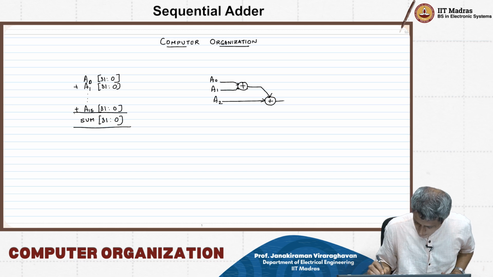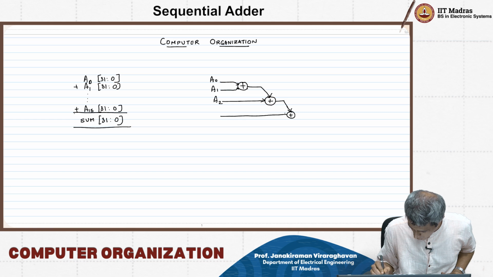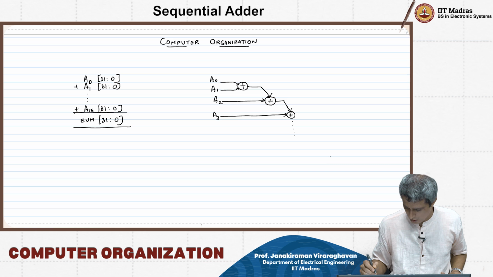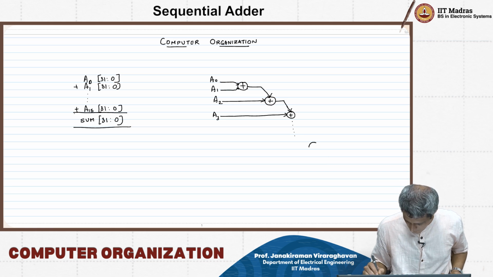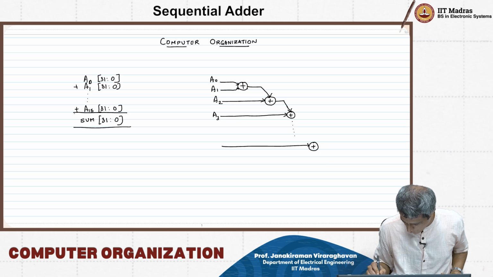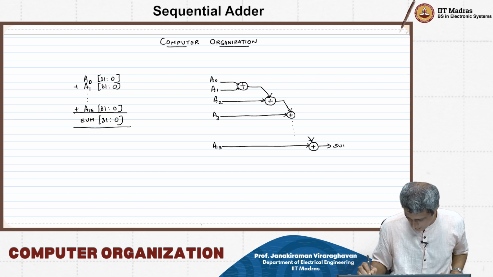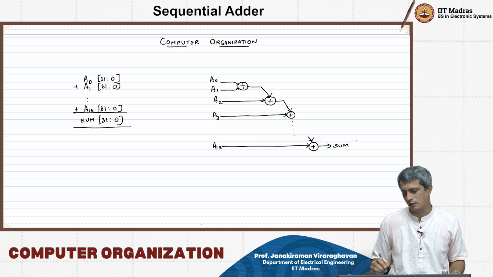So everything is a 32-bit number. You get A3, like this I go on all the way, and eventually I have to add A15 from here. The previous sum is going to come and I get the answer which is going to appear here.